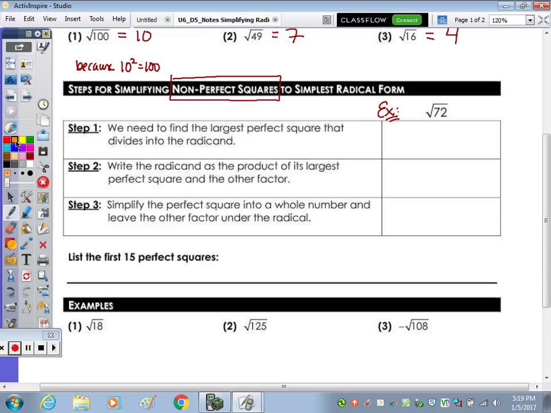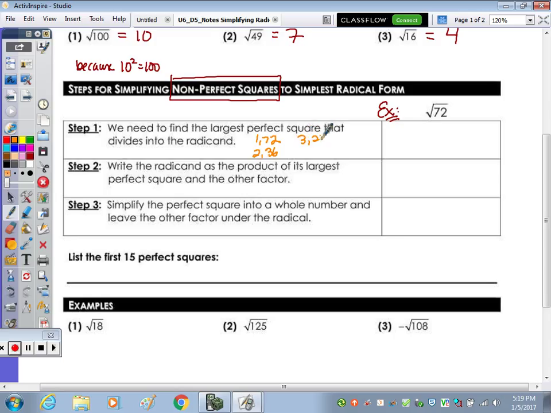Step number 1. We need to find the largest perfect square factor that divides into 72. Looking at the factors of 72, we've got 1 times 72, 2 times 36, 3 times 24, because 3 goes into 7 2 times, bring down the 2, so 24.